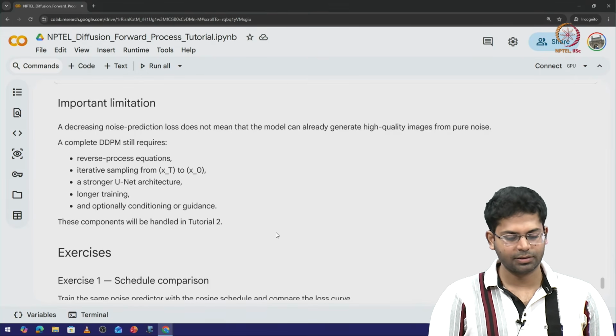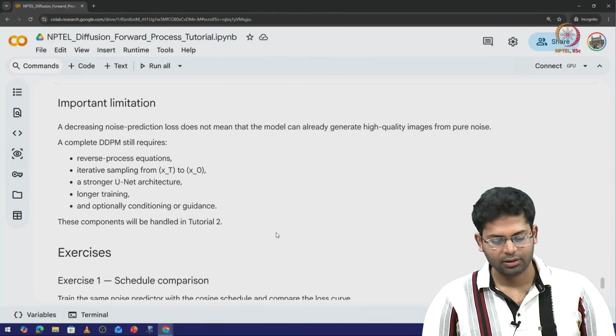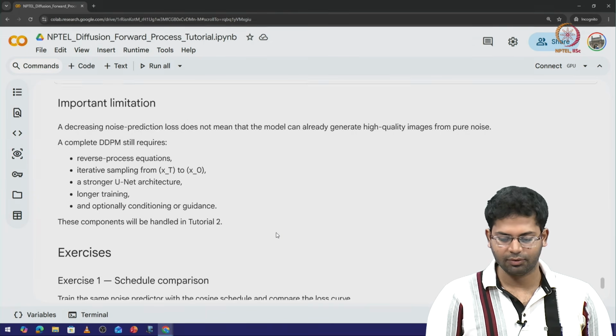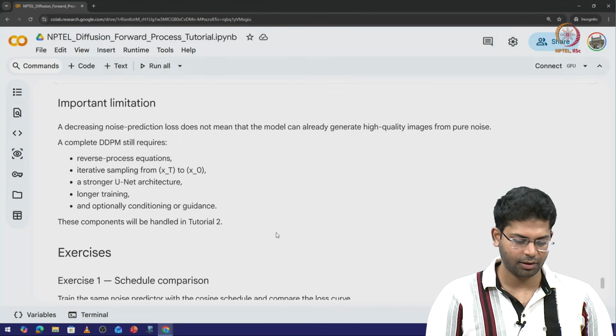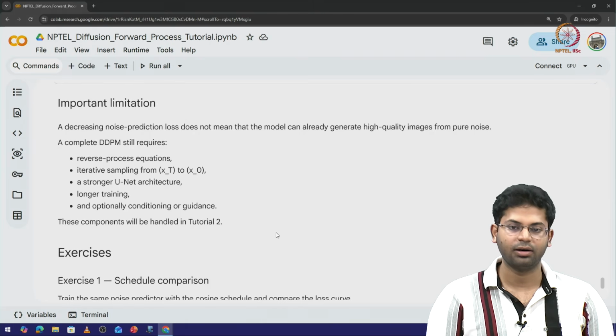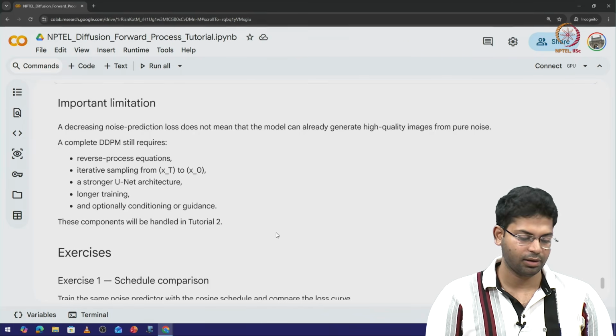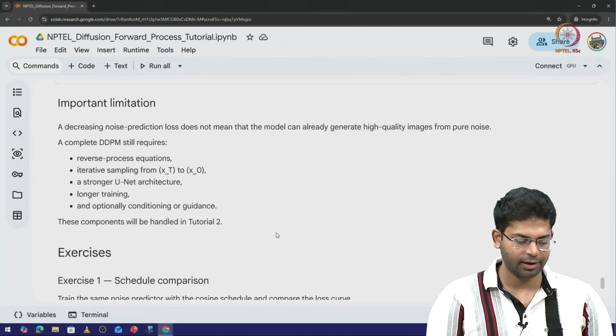A decreasing noise prediction loss does not mean that the model can already generate high quality images. A complete DDPM will still require the reverse process equations, iterative sampling rather than this one step solution, a stronger UNet architecture rather than a simple CNN, longer training, and optionally some conditioning and guidance, which we will discuss in the next part of the tutorial.